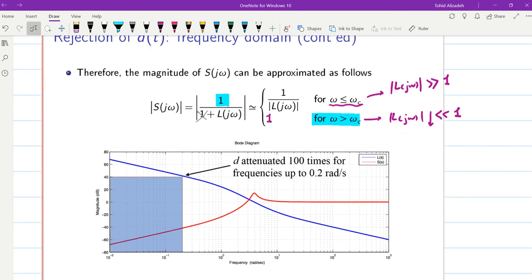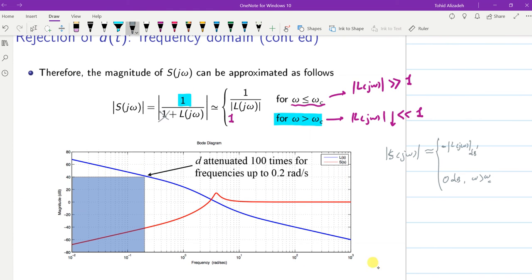In terms of decibel, the amplitude of S of j omega will be equal to 0 dB for omega bigger than omega_c, and it will be equal to minus the amplitude of L in dB for low frequencies.